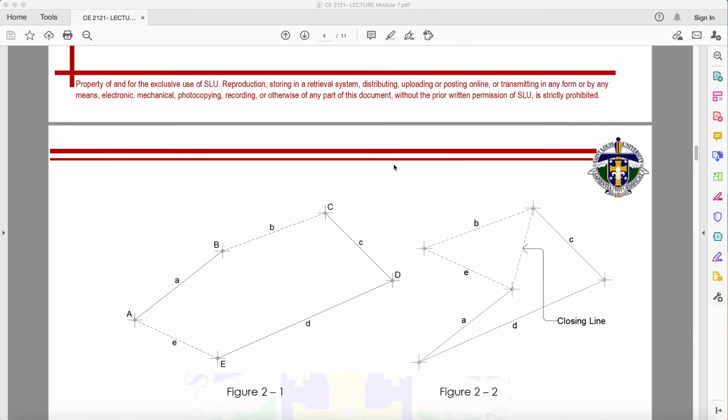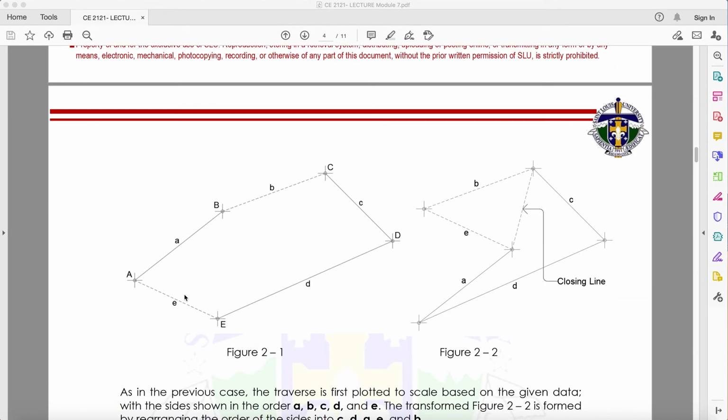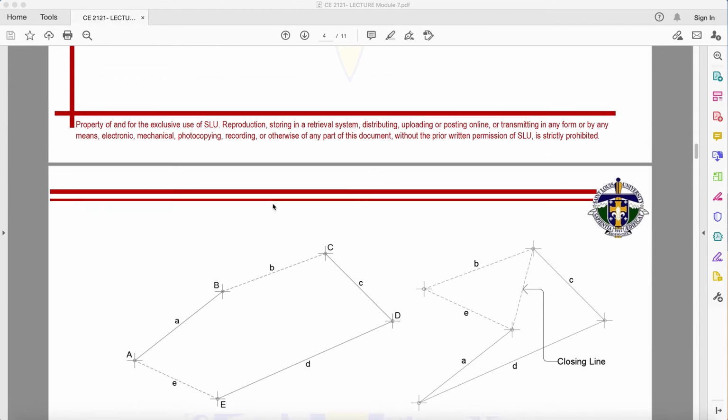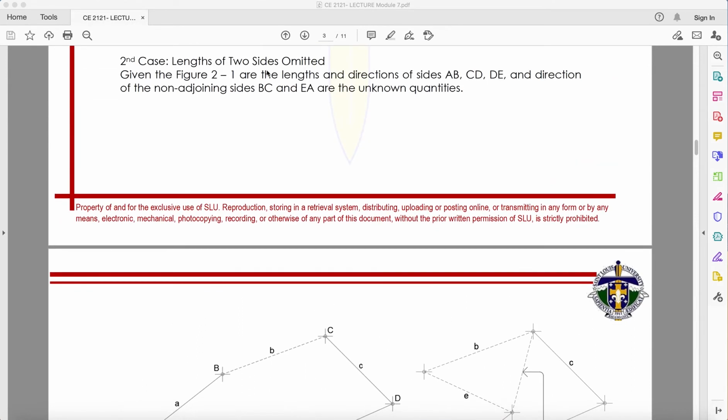So, we also have another here. So, you have A, B, B, C, C, D, D, A, and E, A. So, for here, A, B is a known length with a known bearing. E is unknown lengths of the direction in the direction of joining sides.